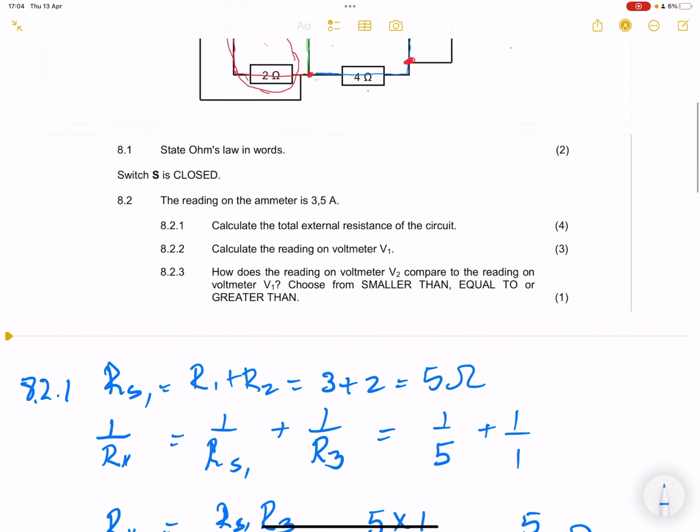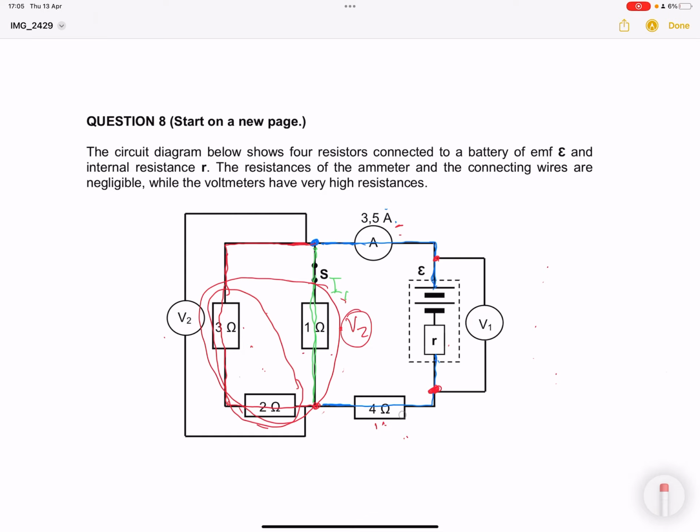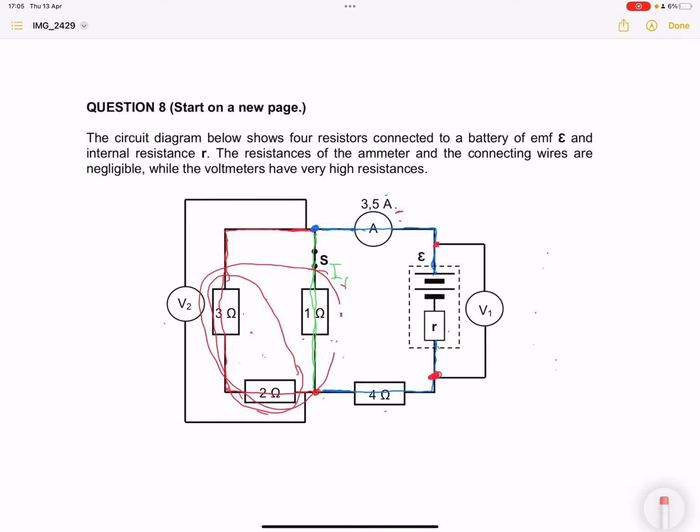Choose smaller than, equal to, or greater than. Now remember, V2 only gives you the parallel combination only, right? Whereas V1 gives you V2 plus the voltage across the 4 ohm resistor. So clearly V2 is going to be smaller than V1, since V1 actually includes V2 in it. I hope that makes sense.